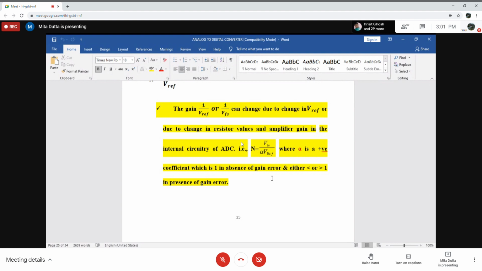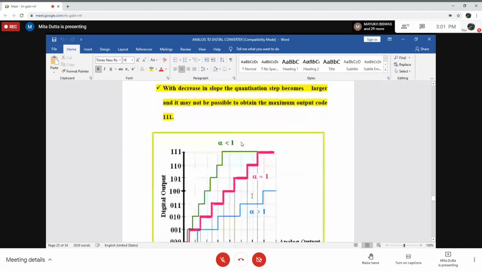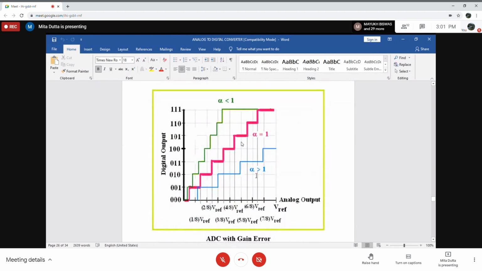And if the resistor values are not accurate, the DAC output voltage will change. So due to that, there will be a gain error. Therefore, alpha greater than 1 gives a decrease in slope, and alpha less than 1 gives an increase in slope.